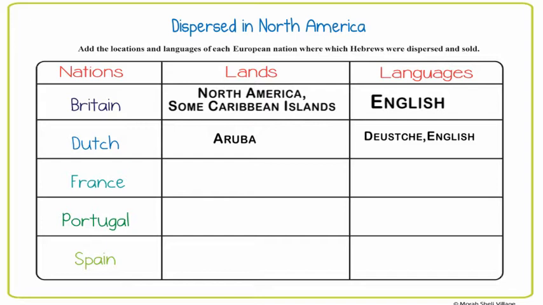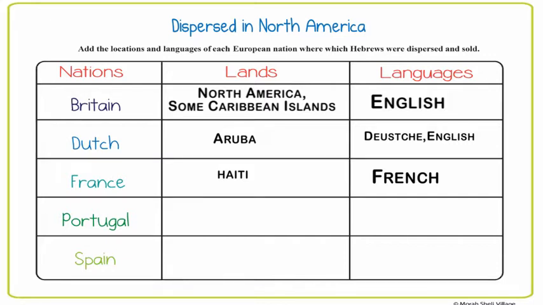All right, and then third would be France, and one of the locations that our people were sent to that was occupied by France is Haiti.